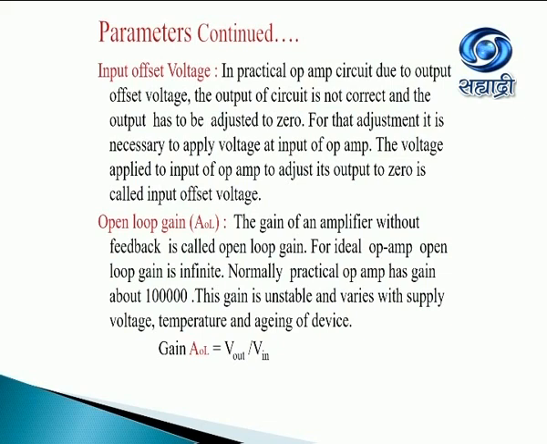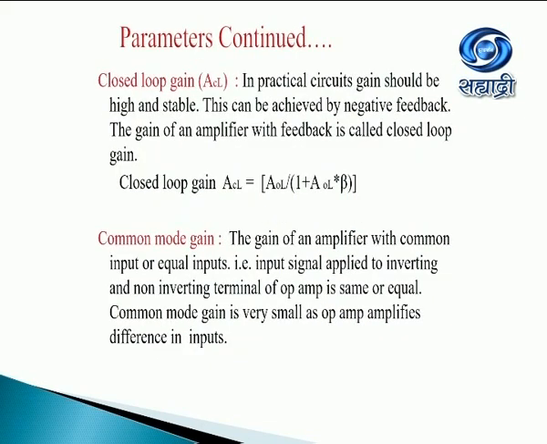Gain is equal to Vout upon Vin. Closed loop gain. In practical circuits, gain should be high and stable. This can be achieved by negative feedback. The gain of an amplifier with feedback is called closed loop gain. Closed loop gain ACL is AOL upon 1 plus AOL into beta, where AOL is the open loop gain.